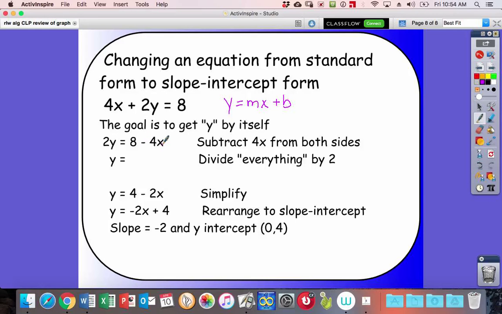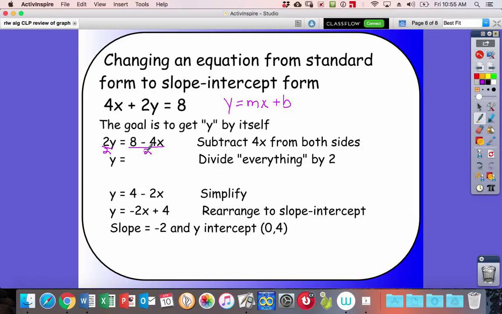Now here's the part that everyone gets a little confused about. You have to divide the whole thing by 2. You say 2y divided by 2. You are multiplying 2 by y. The opposite of multiplication is division. Divide by 2 and you have y by itself. But that means you have to divide this whole thing over here by 2.